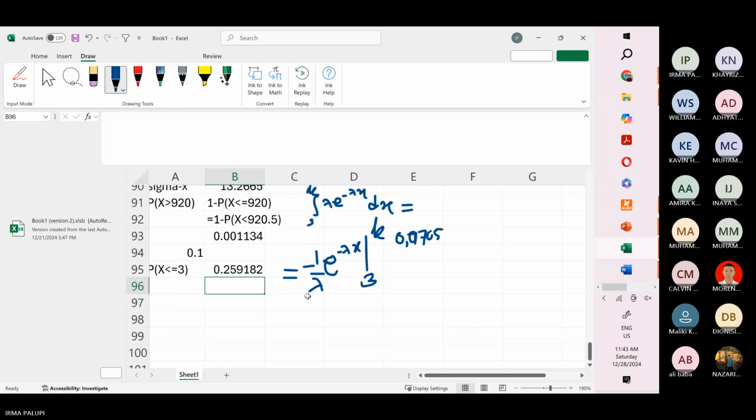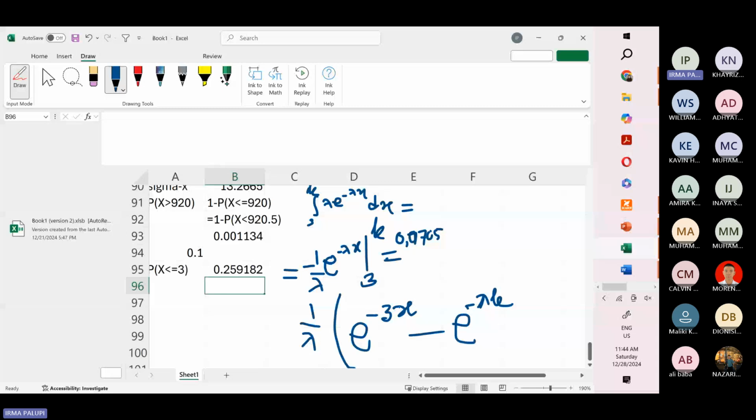So you will get 1 over lambda e to the power of minus lambda x, and the minus becomes plus. Minus e to the power of minus lambda. I think this one is 3 lambda.